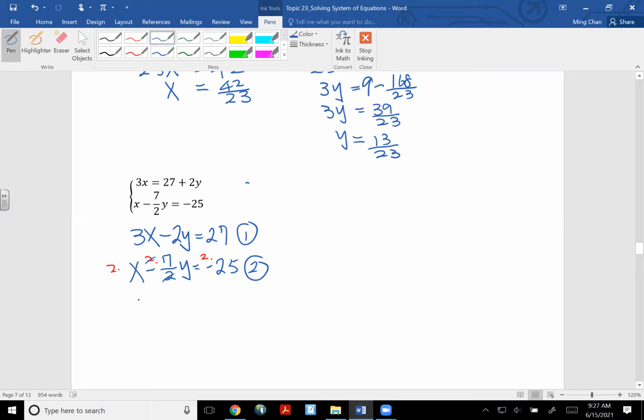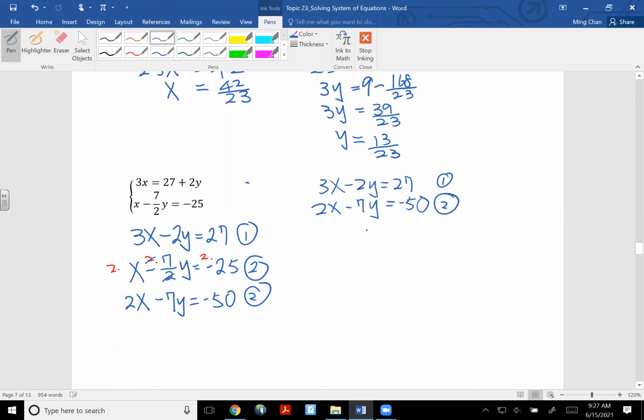All right, so my second equation now should become negative 2x minus 7y, top 2 and bottom 2 cancel out, equal to negative 50. There you go. So let's write this on the side again, okay? First equation, 3x minus 2y equal to 27. That's the first equation, realigned. Second equation now is negative 2x minus 7y equal to negative 50.